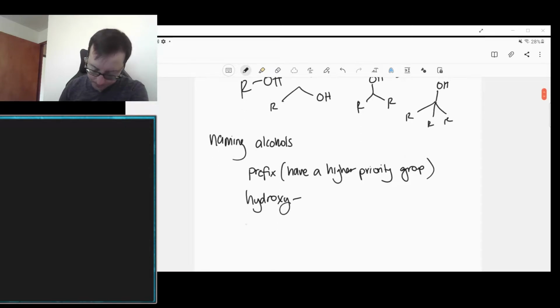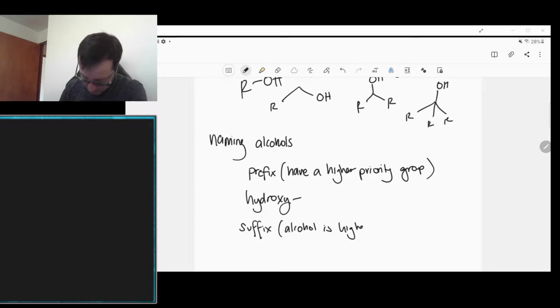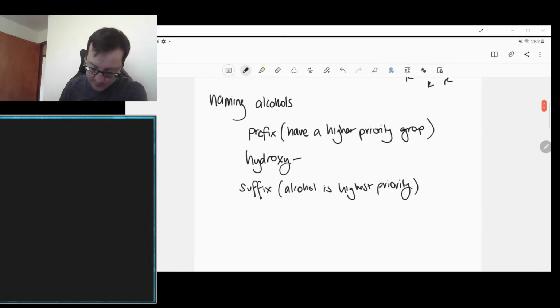However, if they are the highest priority group, then we will change the name of, say, alkane to alkanol.